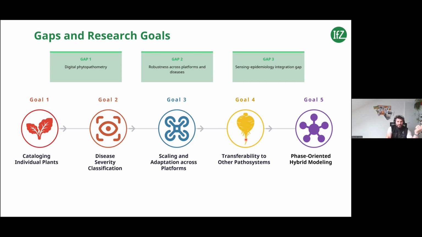The fourth goal is transferability to other pathosystems. This is my stress test, to test the robustness of the framework on a contrasting disease. In our case, we worked with Rhizoctonia crown and root rot, where symptoms are indirect because they are in the root, not in the leaf, and the biology is completely different.